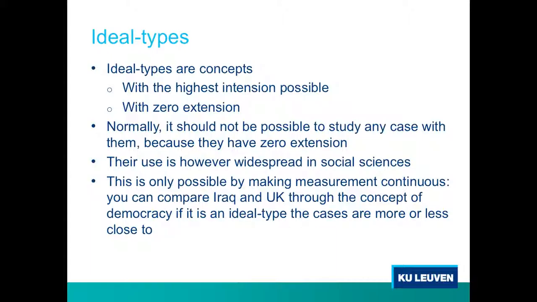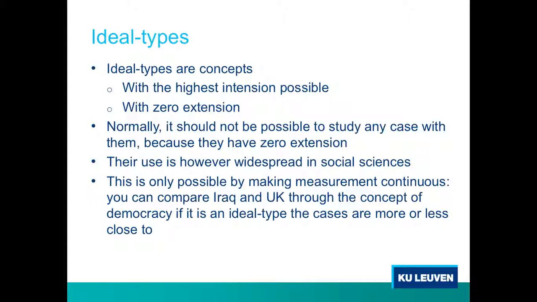And that's precisely where ideal types are useful, as a benchmark from which one can measure the distance. So ideal types, and this is the third definitional attribute of an ideal type, are always measured in a continuous way.